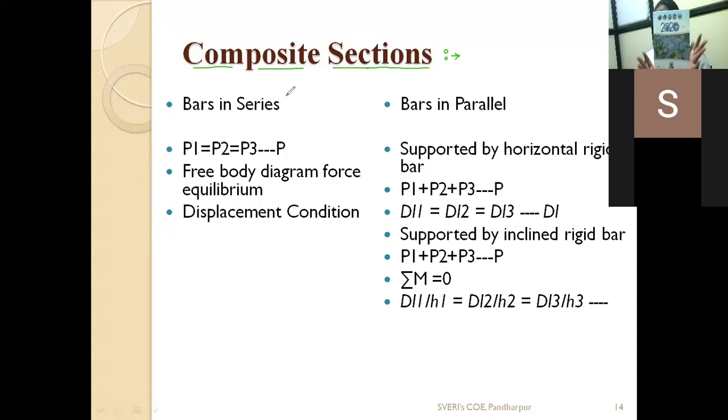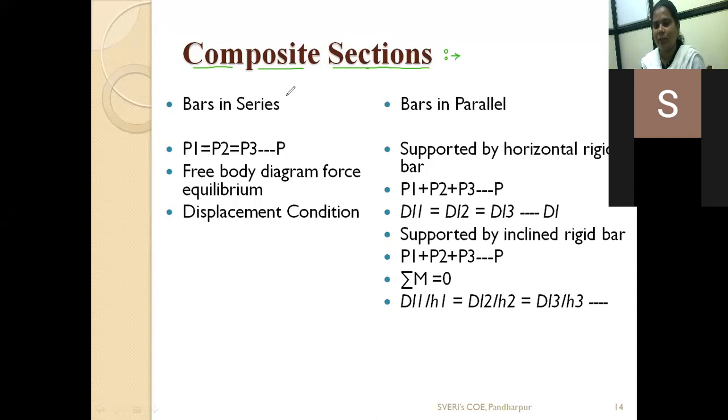Suppose I have taken this section. Now you tell me, is this section a composite section or not? So first I will explain. What is meant by composite section?